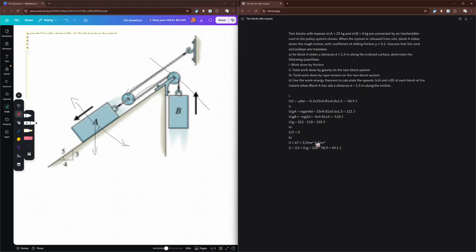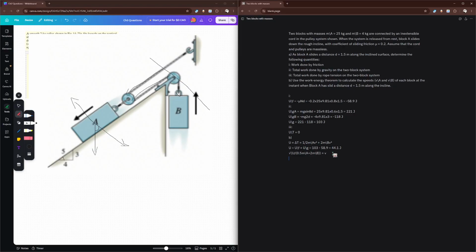So we can factor out V squared, right? And we'll get U over 0.5 MA, and this is MA, and this is MB, plus 2 MB is equal to V squared, and then we just take a square root out front. So square root out front like this is equal to V, right?